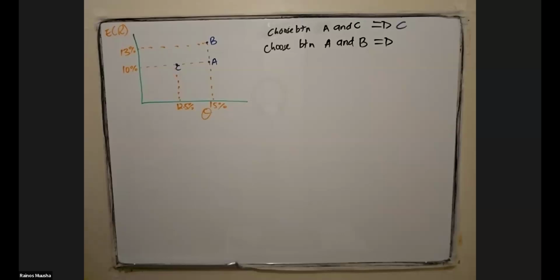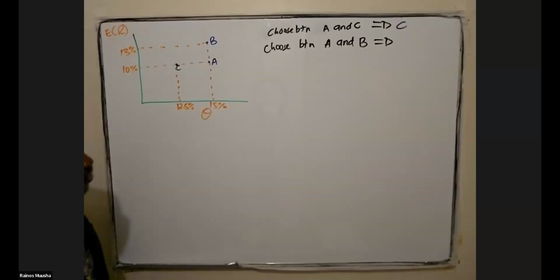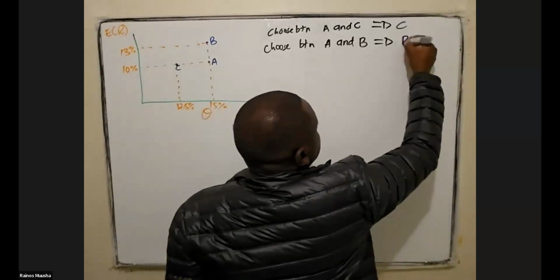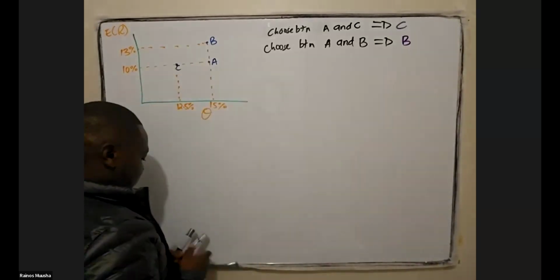And why? I would advise them to choose B because it's got a higher return compared to A, although the risk exposure is basically the same. So we choose investment B.